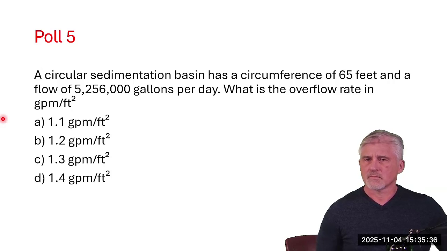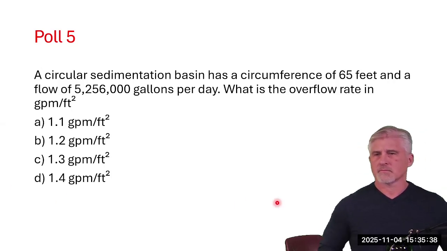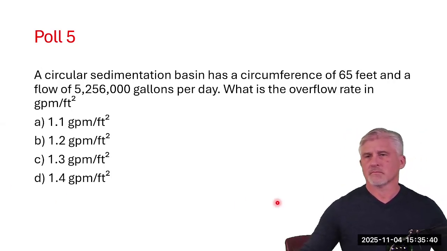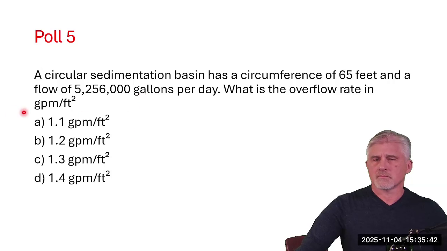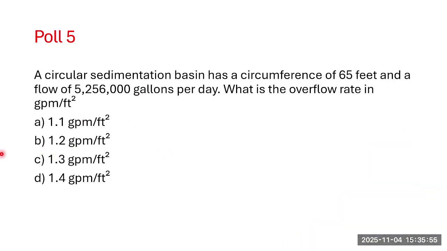The question was, what about gravity filters with GAC? Oh, yes, it's a good question. We're going to talk about that a little bit tomorrow. But there's two places where GAC will be used, and GAC means granular activated carbon.